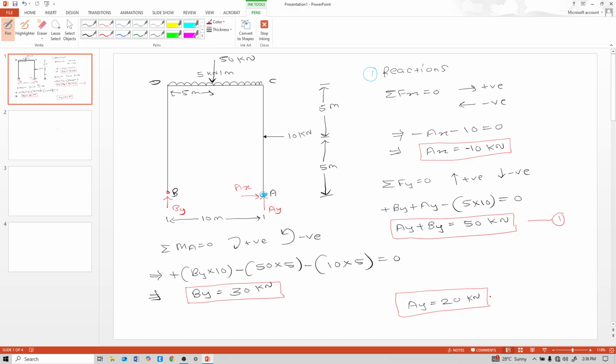So by that way we have calculated reactions. Ax is 10 kilonewton. Here see, this is the direction but the magnitude is 10 kilonewton. Ay magnitude is 20 kilonewton and direction is correct, and By is 30 kilonewton.